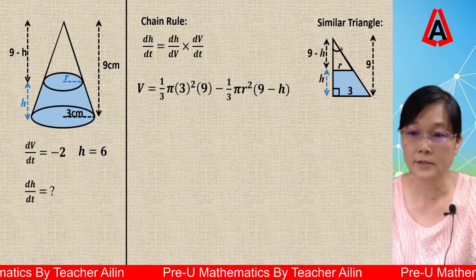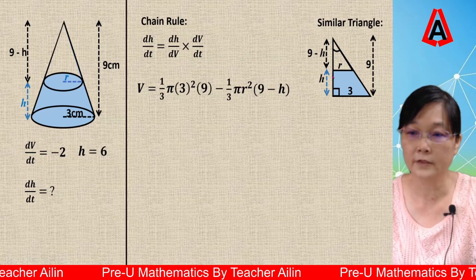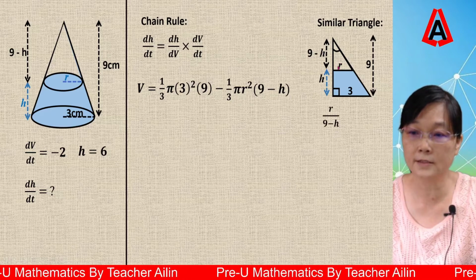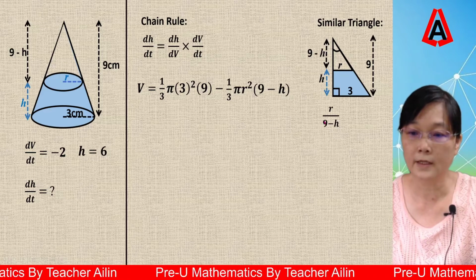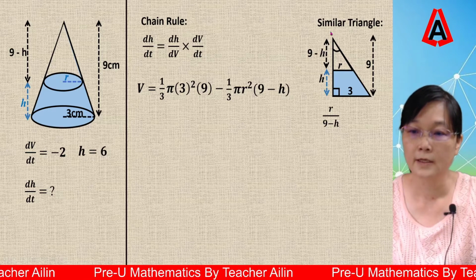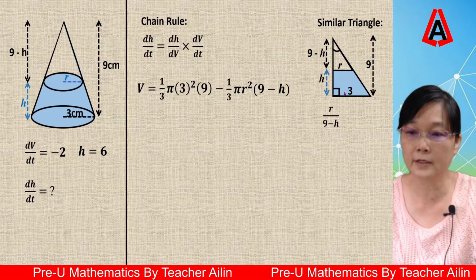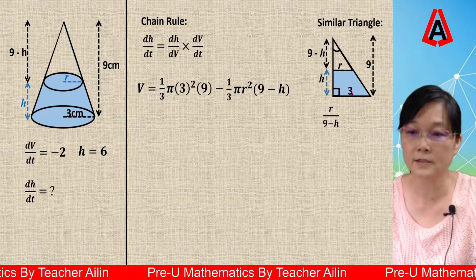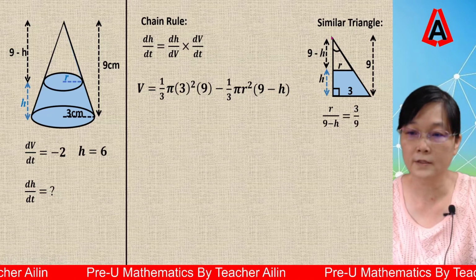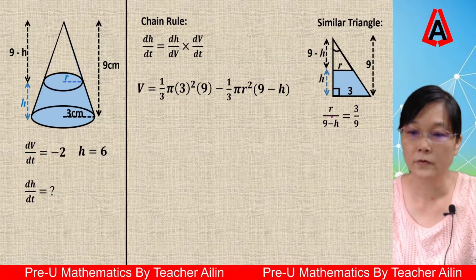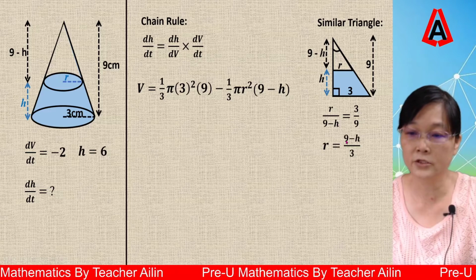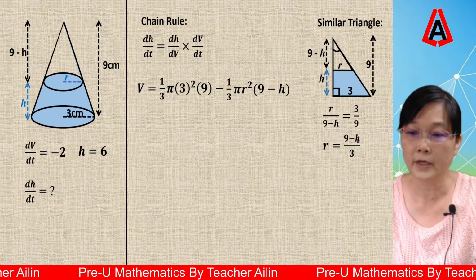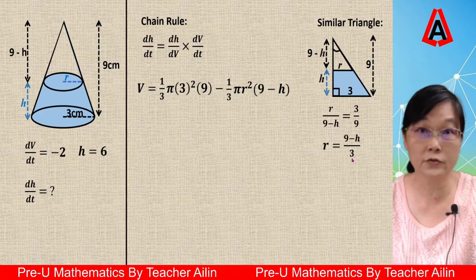For the small triangle, tangent of this angle is r over 9 minus h. For the big triangle, tangent of this angle is 3 over 9. When I rearrange, I get r is equal to (9 minus h) divided by 3.